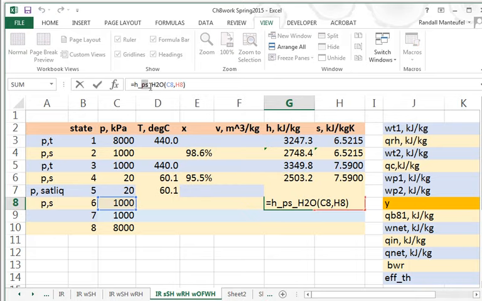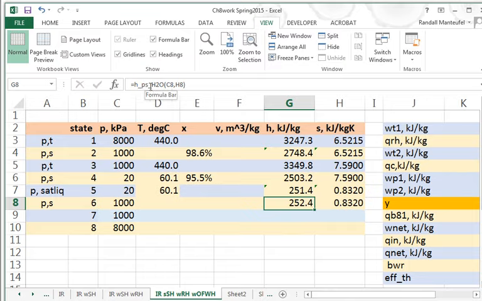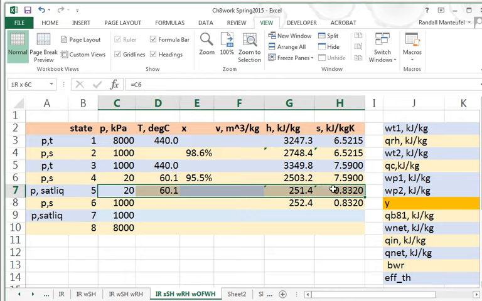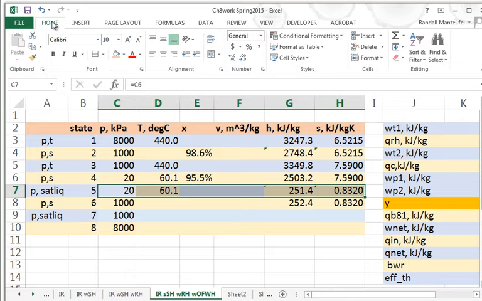Okay? All right, state 7, that's where we mix to get Y, and the pressure is known and it's saturated liquid. True? So actually I should color code this back to light blue.